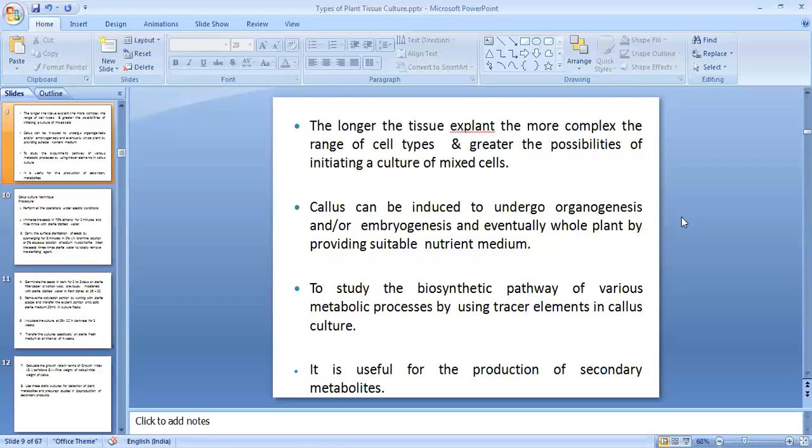You can initiate organogenesis or embryogenesis, and from that a whole intact plant can be obtained by providing a suitable nutrient medium. Otherwise, it is used to study the biosynthetic pathways taking place in the various metabolic processes in the cell or a plant by using tracer techniques. And it is also useful for the production of secondary metabolites.